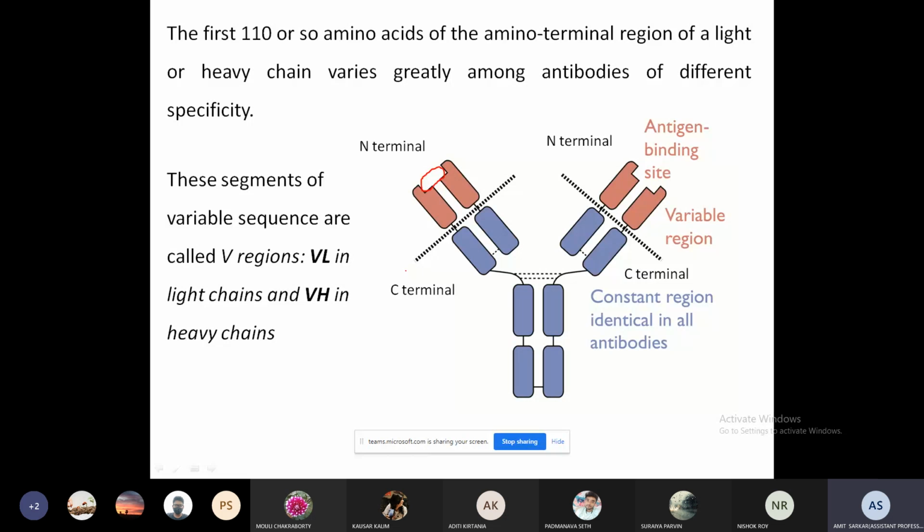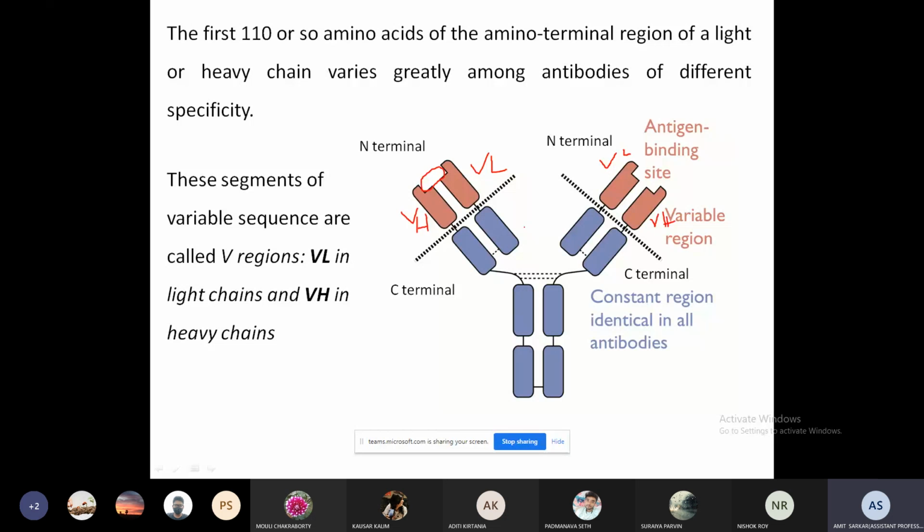This variable segment is why it's called the V region. So this is the V of light chain and the V of heavy chain. If it is the V of the light chain, we call it VL. If it is the variable region of the heavy chain, we call it VH. The same is true here, VL and then VH. But the remaining portion, as I said, doesn't vary.